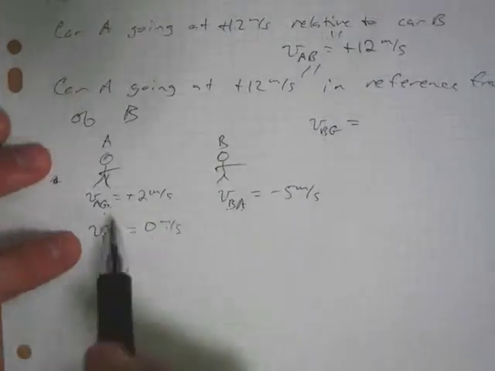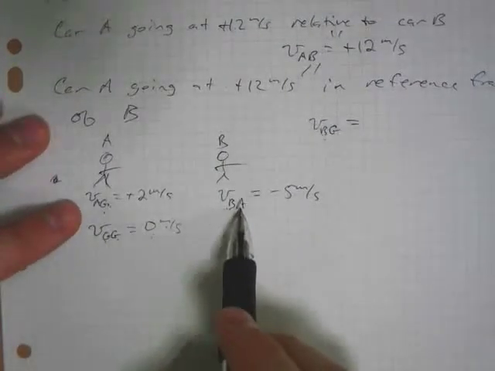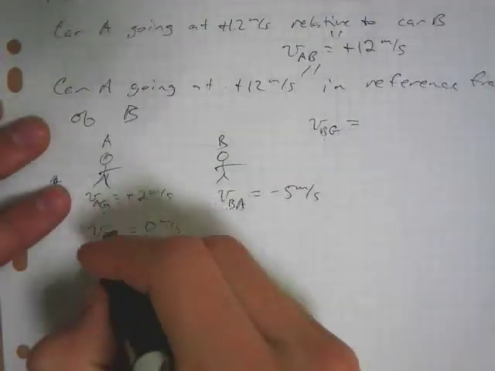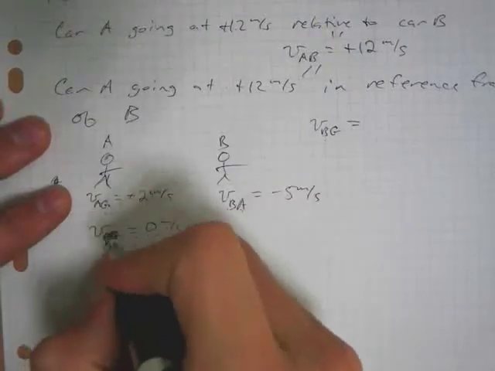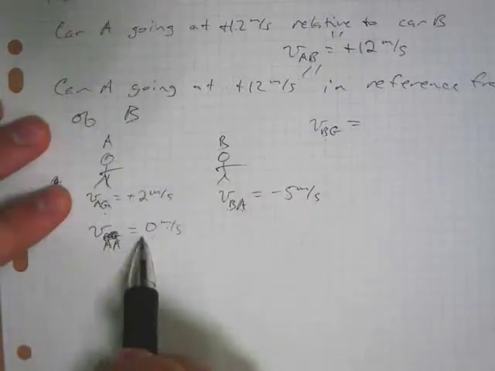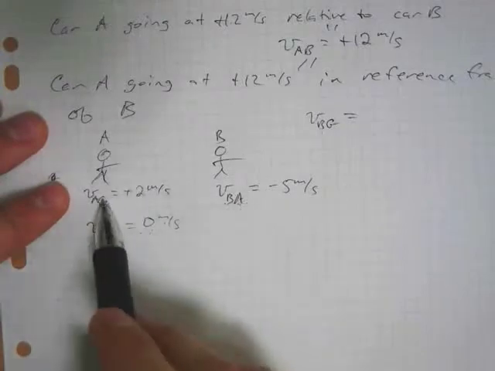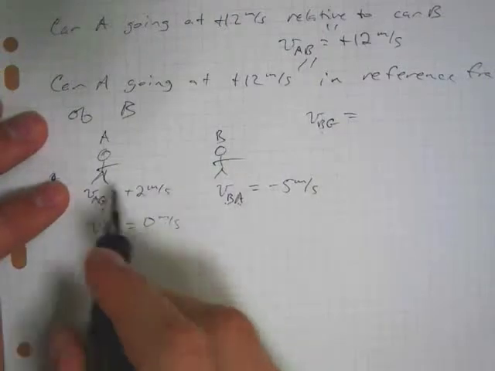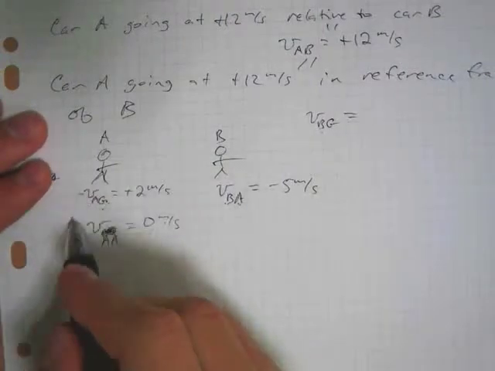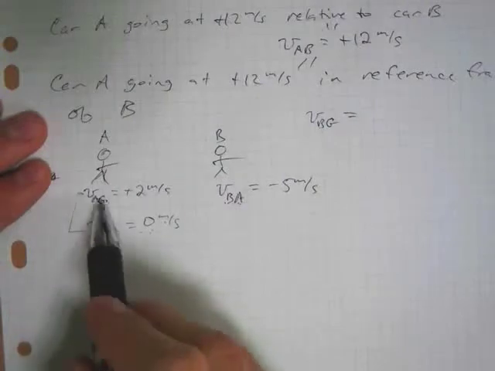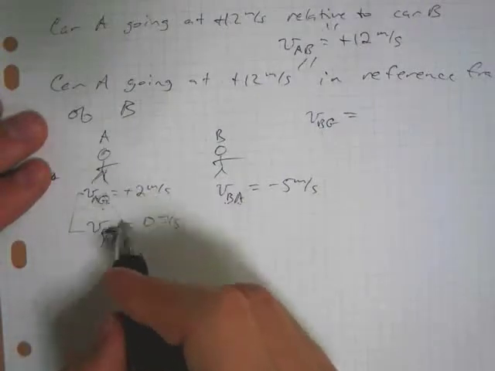We have B relative to A. The velocity of the ground relative to itself is 0, but what's more relevant at the moment is the velocity of A relative to itself is 0, because we have the velocity of B in the reference frame of A. We want it in the reference frame of the ground, and so now we have the velocity of A relative to the ground and the velocity of A relative to itself. So this allows us to figure out the transition between the ground reference frame and the A reference frame.